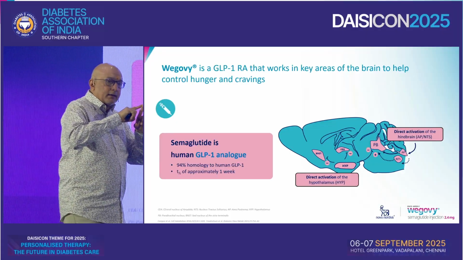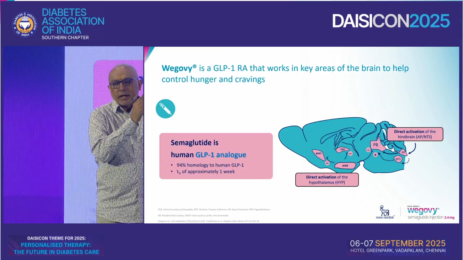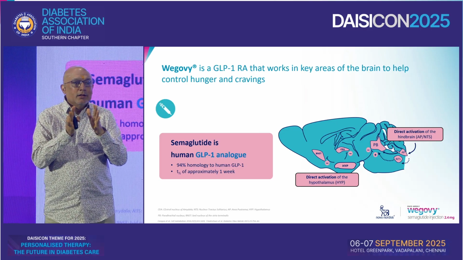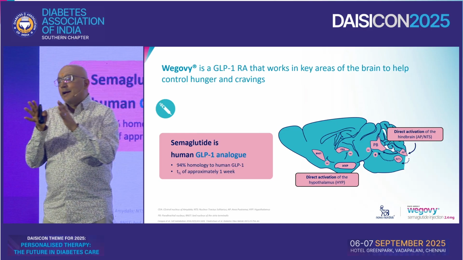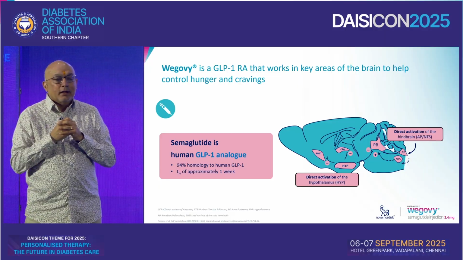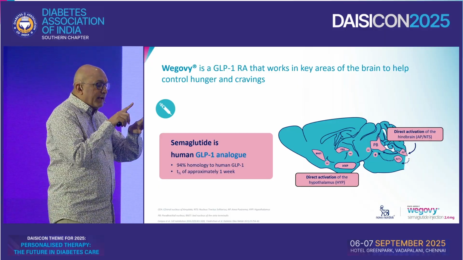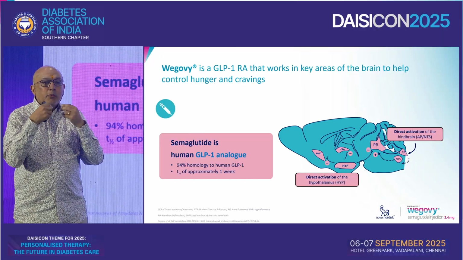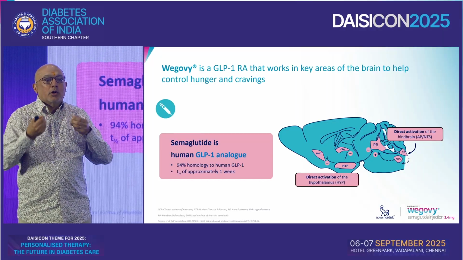And that's very close to the blood-brain barrier, the GLP-1RAs work there, and then they create a dissociation between reward and craving. When they create that disarray, food no longer becomes a reward.